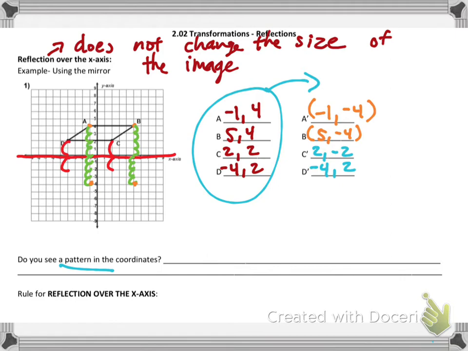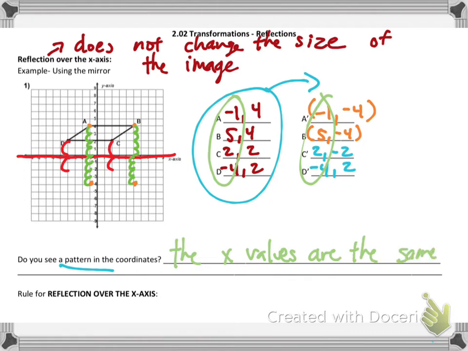Alright, I see that the x values stay the same. So the x values are the same.